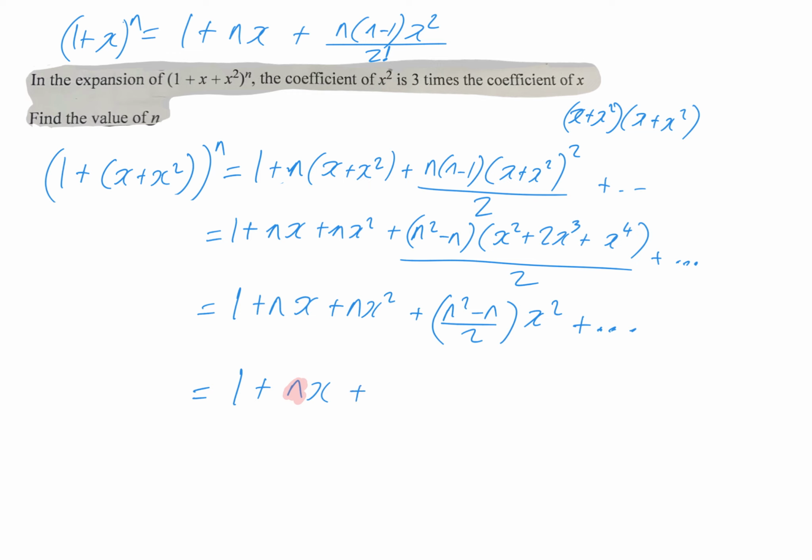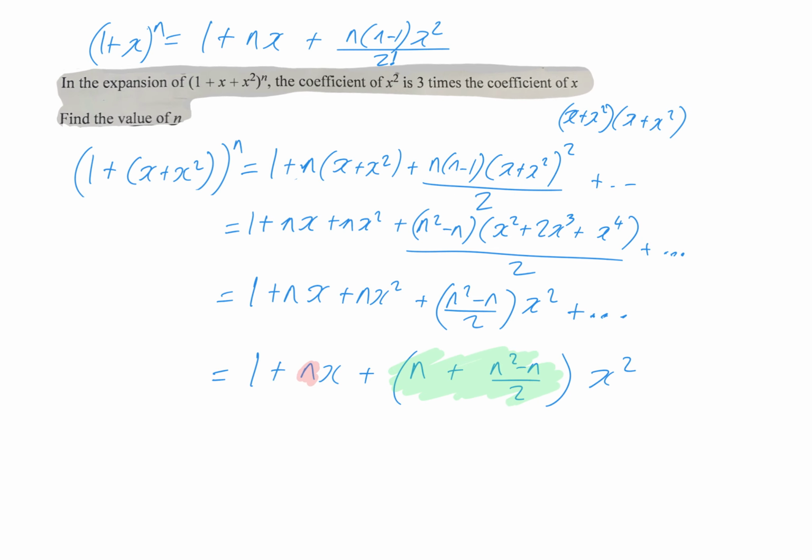And then we'll have n plus n squared minus n over 2, and both of those things are multiplying the x squared. So my coefficient of x squared is this horrible looking thing here.